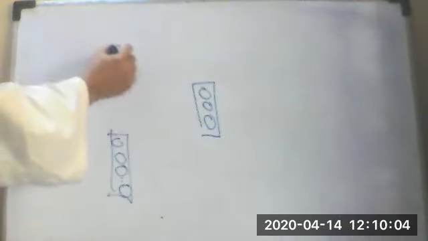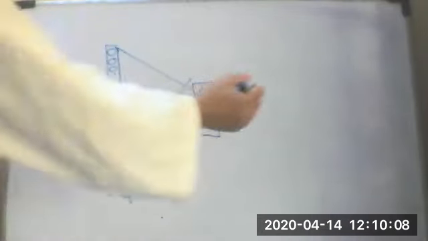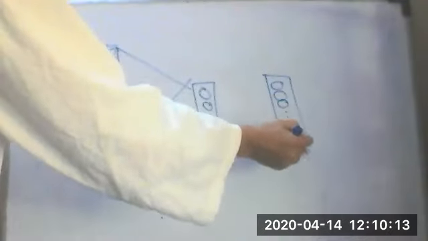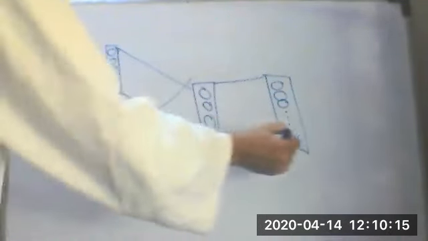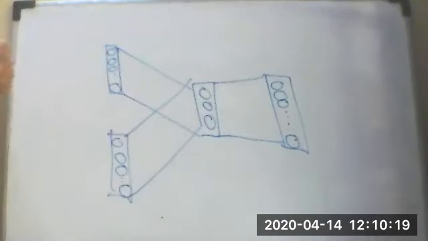Okay? And you fully connect these two layers. Then you have this output layer, again fully connected, जिसके अंदर you are trying to predict के center word क्या था.